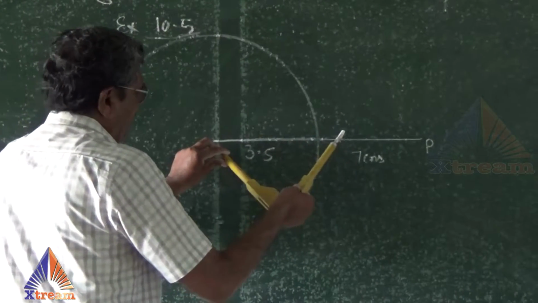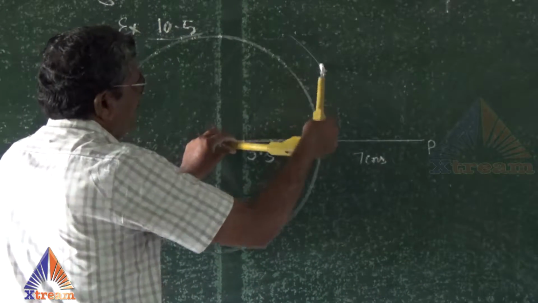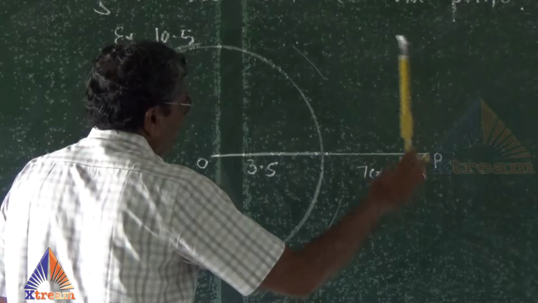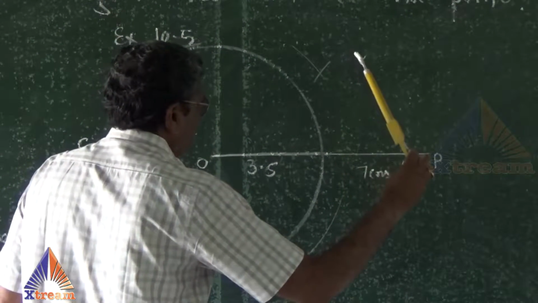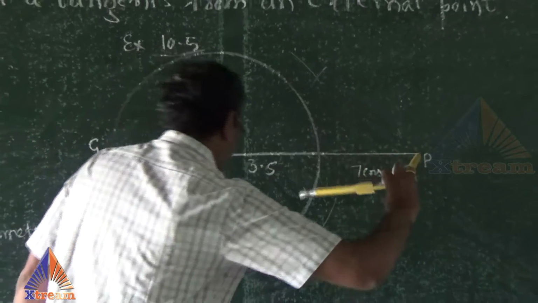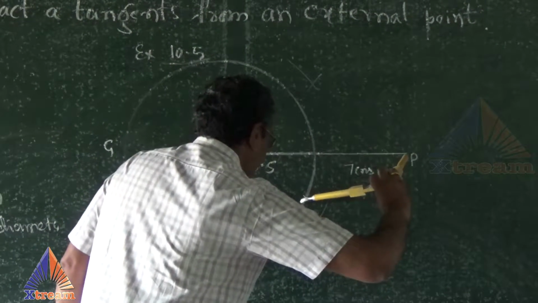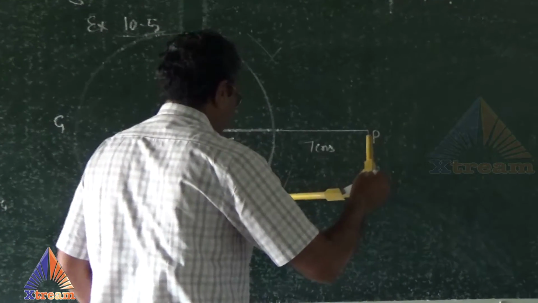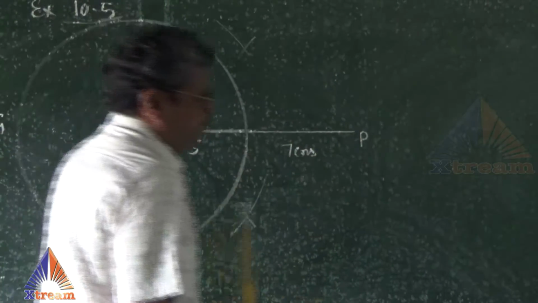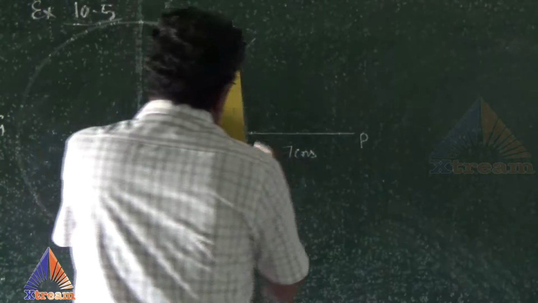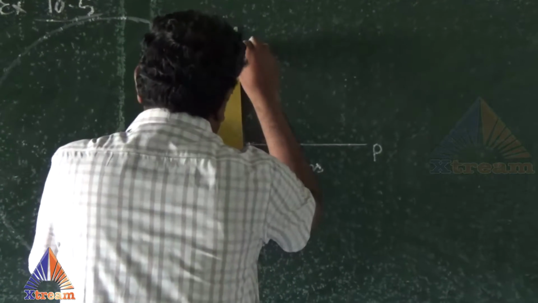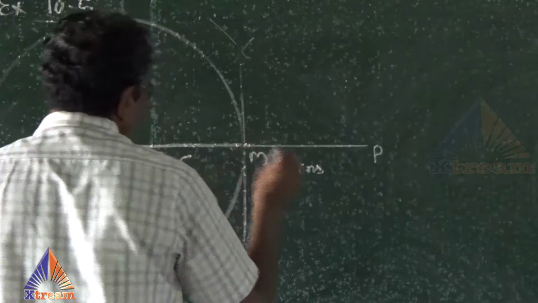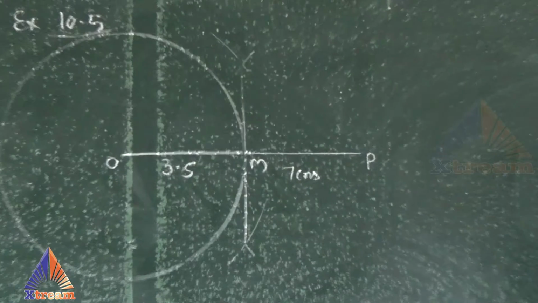Then the second step: take more than half. We can construct the perpendicular bisector of the line OP. The bisector of OP passes through the circumference of the circle because the distance is equal.